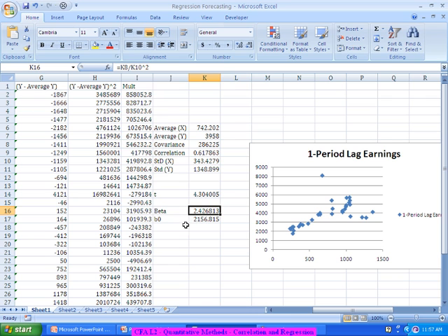Now in the same case, if I change the roles of x and y, we'll see completely different values. If I make share price as y and the earnings as x, my beta, so the equation, depends completely on which is x and which is y, right?